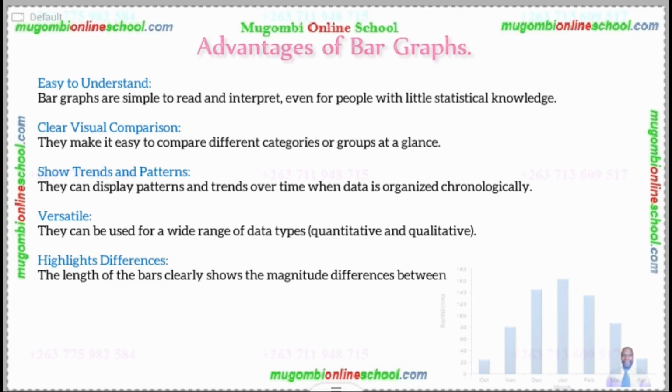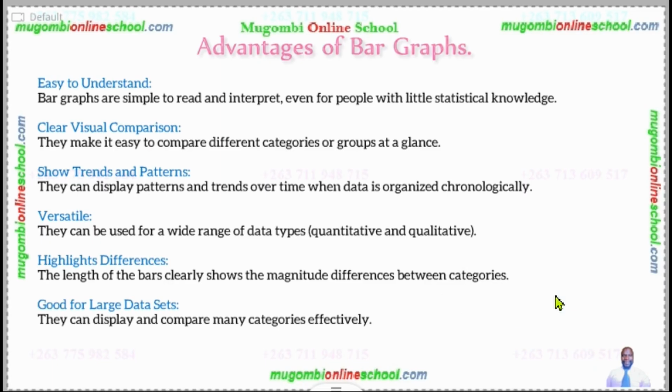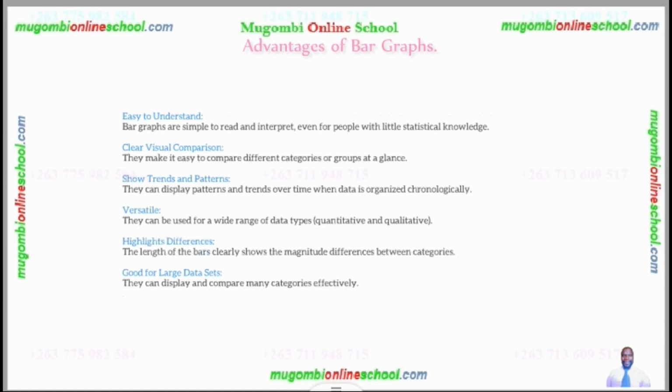That is, the length of bars clearly shows the magnitude and differences between the items. As you can see here, the length of the bar means that there's less rainfall as compared to this one, the bigger it is, and so on. They are good for large data sets. They can display and compare many categories effectively.